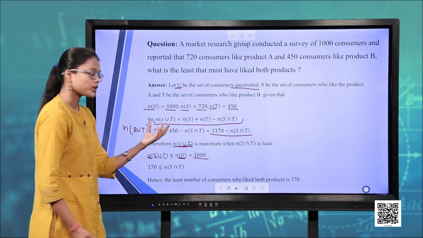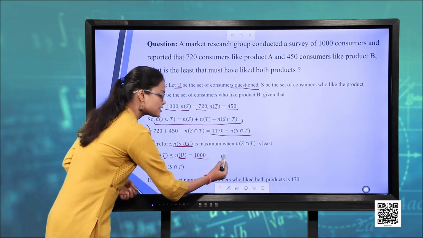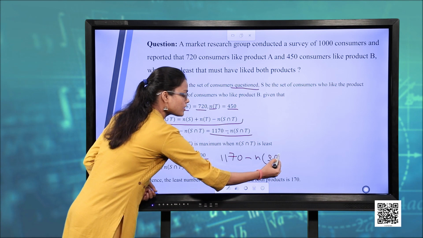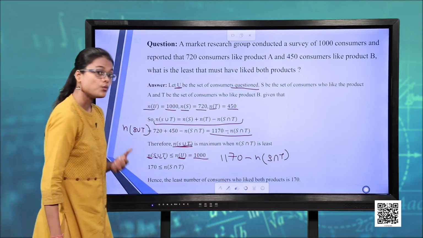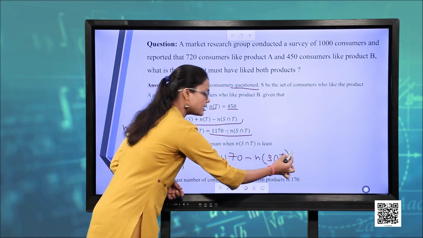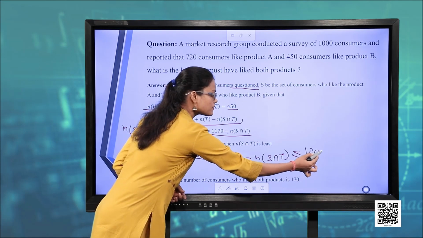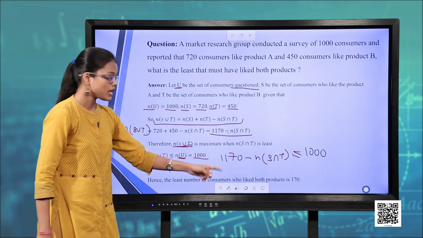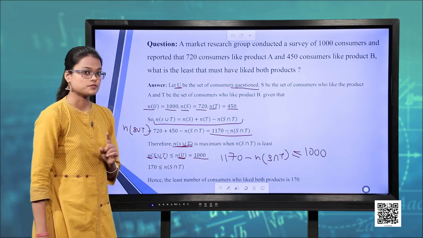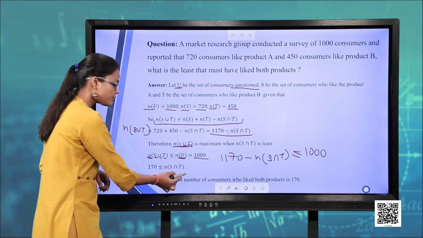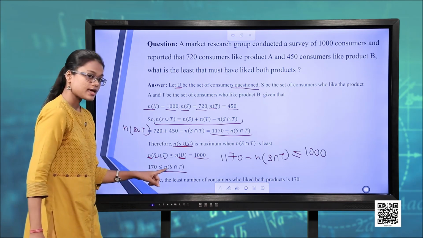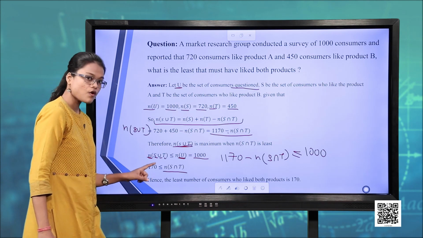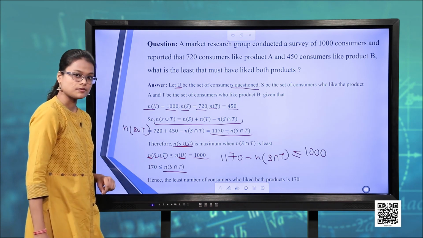Now, what we can see is that this expression will always be less than or equal to 1000. We find this inequality, and on solving it, we may find that the number of elements in S intersection T will always be greater than or equal to 170.